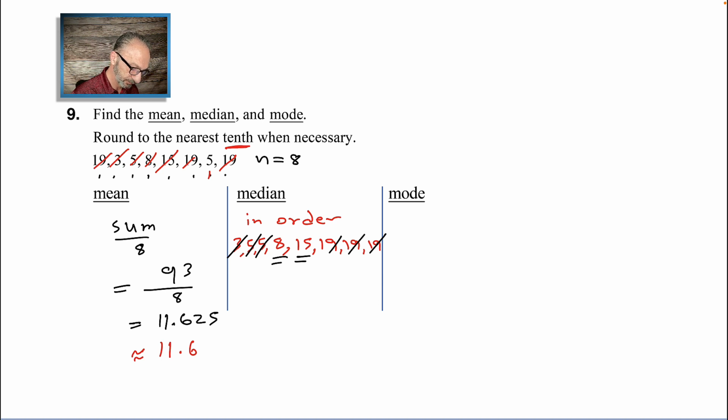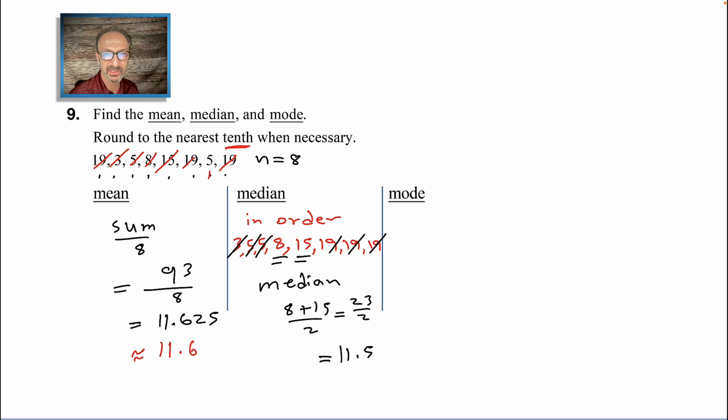So the median is 8 plus 15 divided by 2, and that's 23 divided by 2, which is 11.5. To the nearest tenth, it's exact. The mode is obvious, the number that repeats the most, and we could see it from here, 19. So the mode is 19.